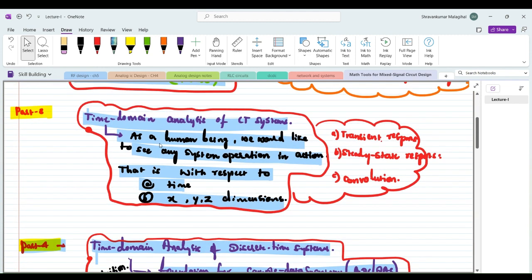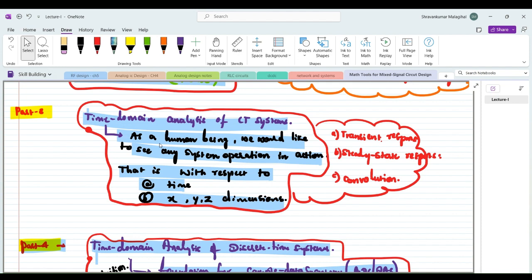In part 3, we'll deal with time domain analysis of continuous time systems. As human beings, we would like to see any system operation in action with respect to time, and this time domain analysis gives us that intuitive picture.